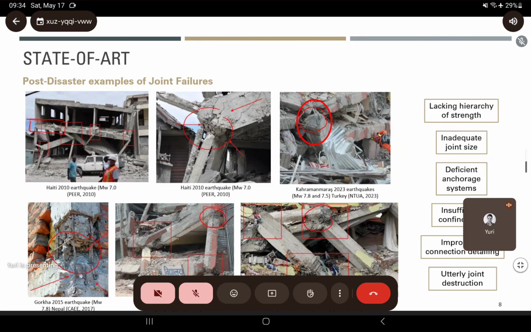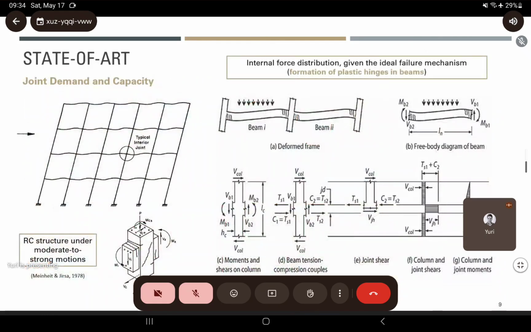So these are very common types of failure that we have experienced, and we need to address this issue very quickly. In terms of capacity of the joint and demand, this is how we come up with the design provisions of beam column joints. Take this frame, for instance.